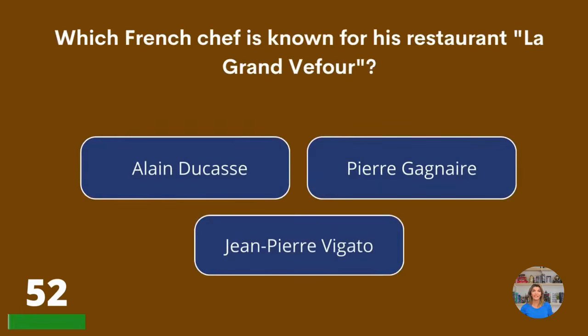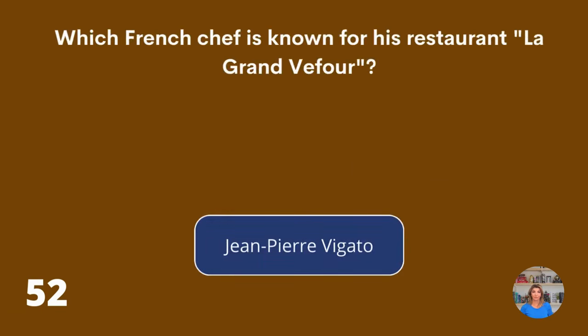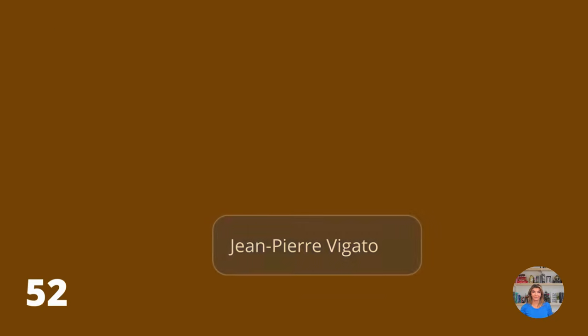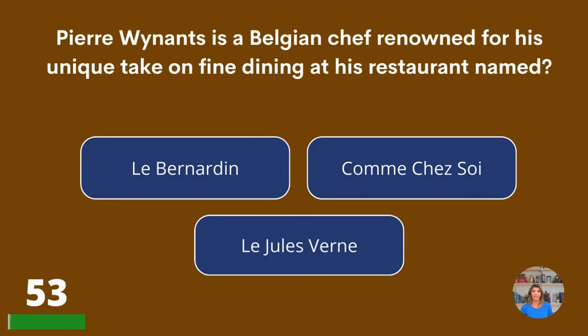Which French chef is known for his restaurant La Grande Véfour? Alain Ducasse, Pierre Gagnaire, or Jean-Pierre Vigato? Jean-Pierre Vigato. Pierre Wijnants is a Belgian chef renowned for his unique take on fine dining at his restaurant named Les Bernardines, Comme ce soit, or Les Jules Verne?